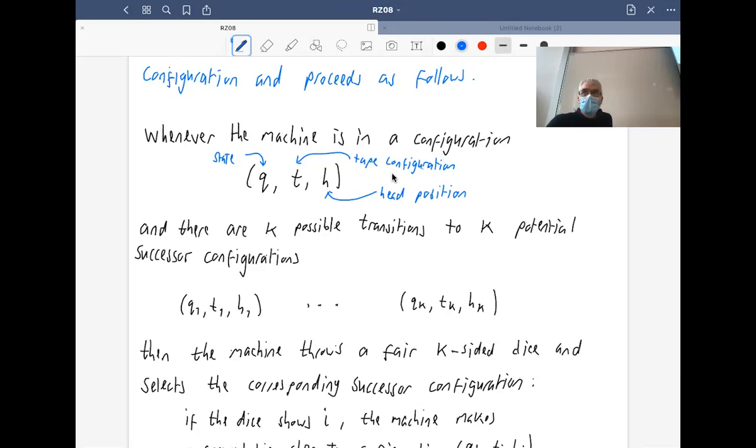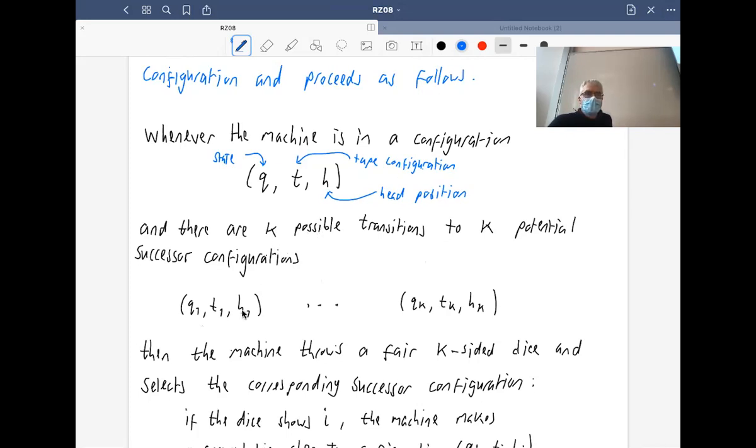There may be one, in which case it deterministically goes to that unique next configuration. Or there may be, in general, because it's like a non-deterministic Turing machine, several possible successor configurations. So in general, there may be up to any finite number of them.